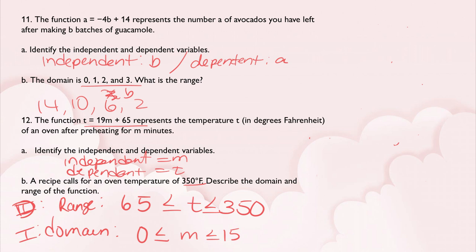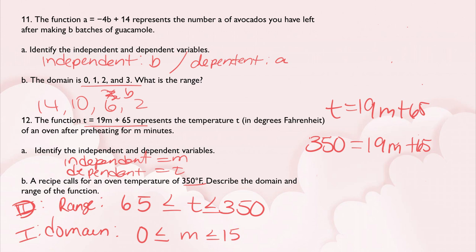So if you look here, I have T equals 19m plus 65. T is my temperature and m is my minutes, right? What temperature do they tell me they're going to have? 350. Didn't they tell me they're going to have 350? Correct?